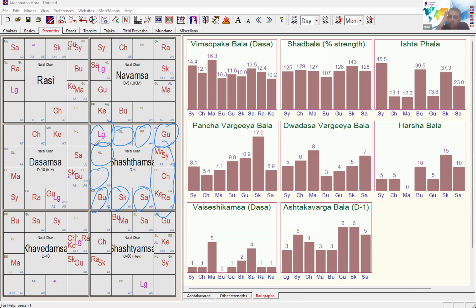Now what happens according to this chart? Sixth house Guru is going to give trouble because he is agitated, is angry, and he is in enemy's house, and he is a 12th lord also. He will bring some kind of vyaya. That's what I told you. 12th lord is sitting in 6th house, so vyaya will come from the 6th house.